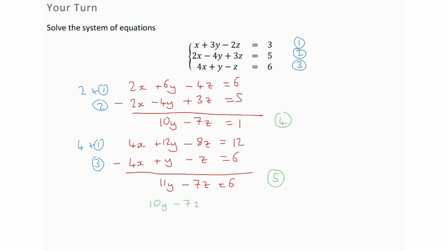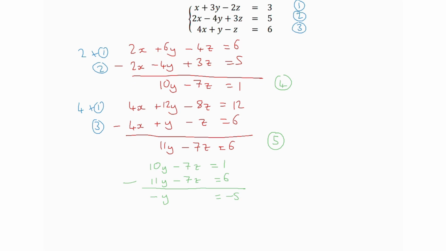10y take away 7z equals 1. 11y take away 7z is equal to 6. And I'm going to do the subtraction here because I have the same number of z's in both equations. That gives me minus y equals minus 5.